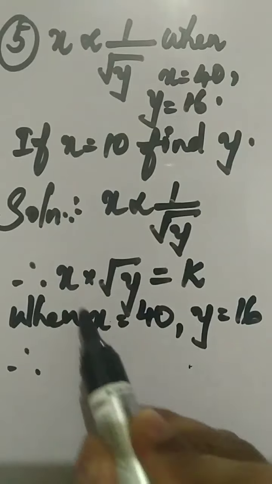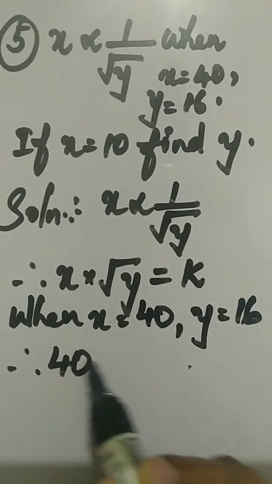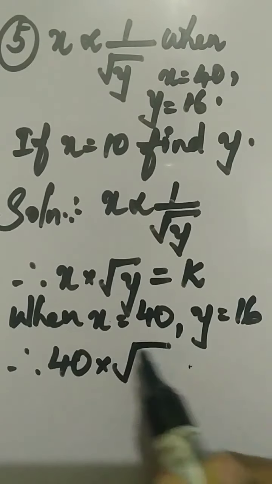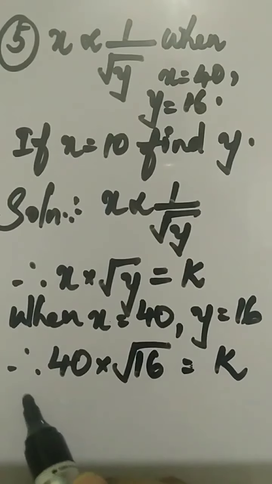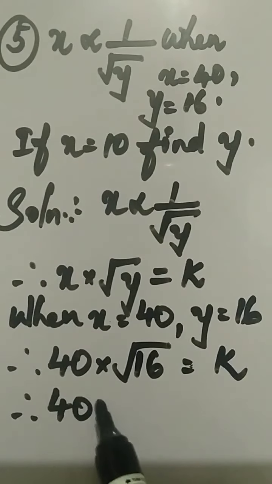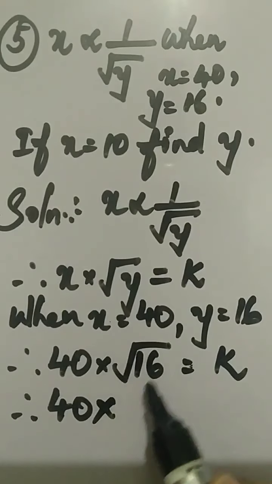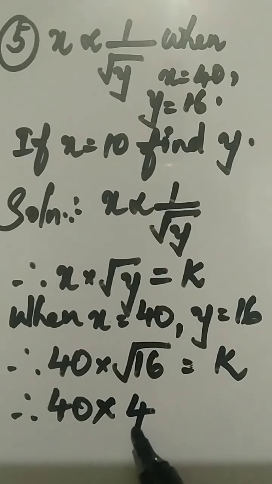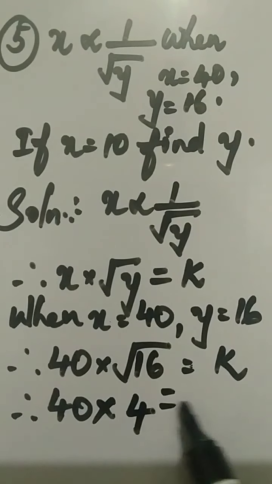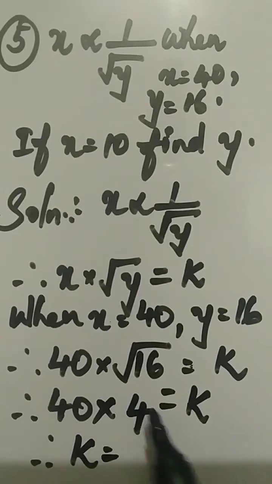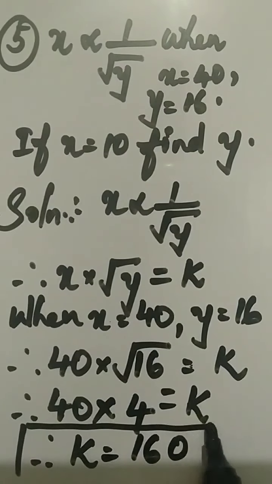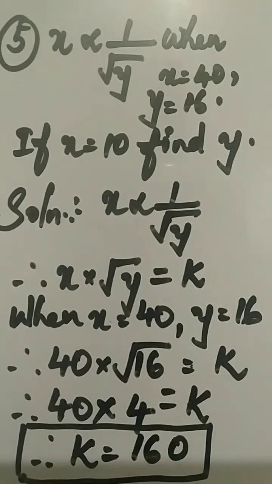So therefore, in place of x, write 40 multiplied by root of, in y's place put 16 is equal to k. Therefore, 40 into, how much is square root of 16? 4 4s are 16, no? So 4 is equal to k. So therefore, k is equal to 40 into 4 will be 160. So you got the equation, put it in a box.